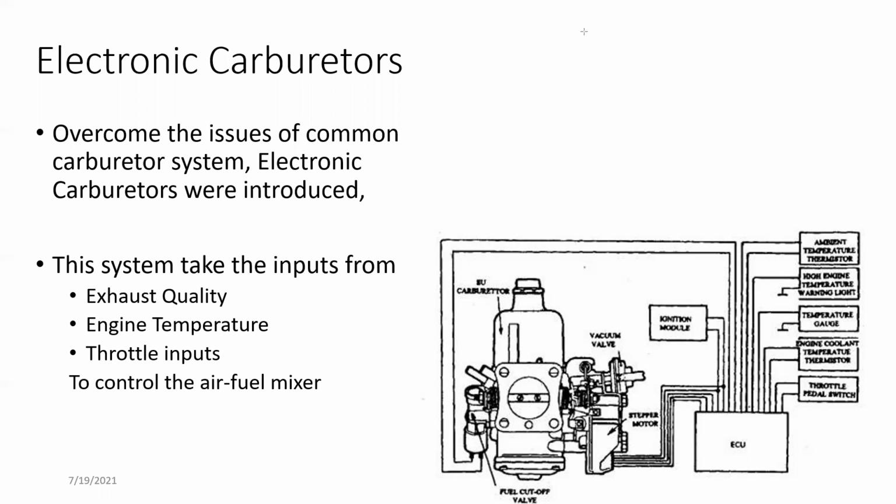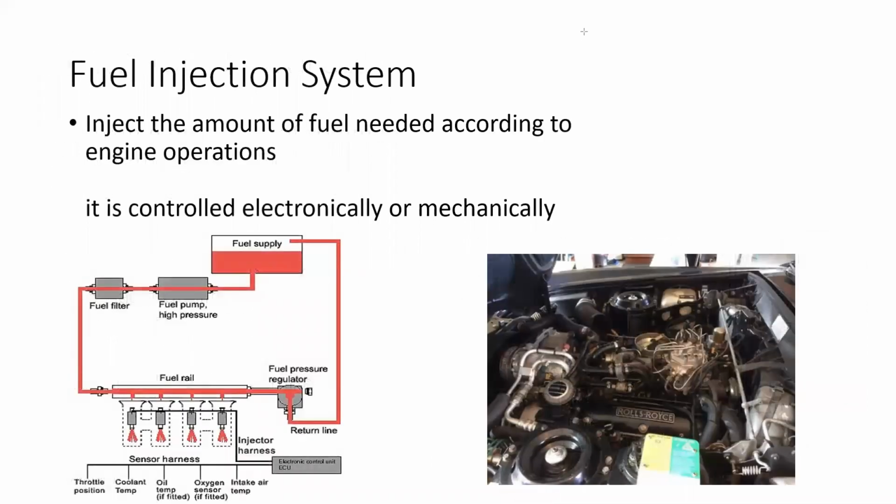But later on, they were able to fix this with the electronic fuel injection system, right? So then only the fuel injection system was replaced. But the main thing you have to understand is that fuel injection is not a modern system. Even before the electronic fuel injection system was developed, fuel injection was available.